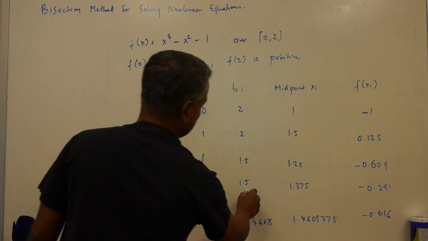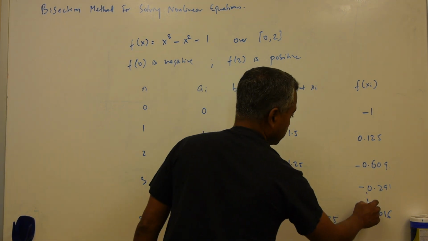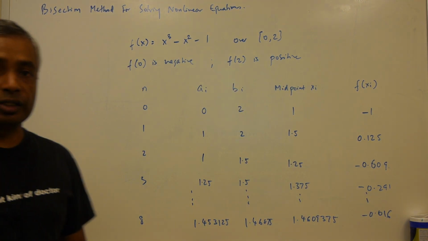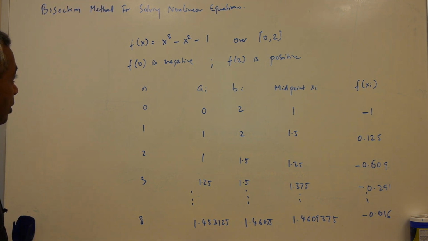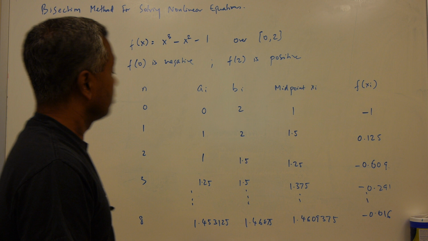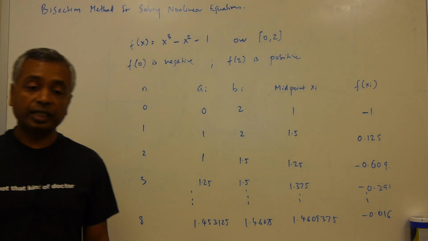Okay? So you've seen essentially how this method converges to the root. All right. So this is all I wanted to talk about bisection method.